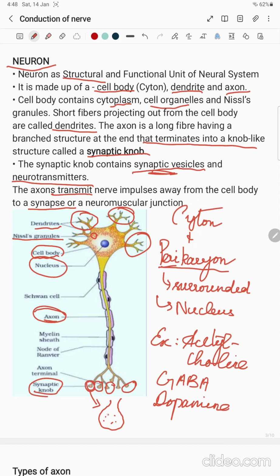Inside the synaptic knob there will be neurotransmitters. That is what they have mentioned here: the axons transmit nerve impulses away from the cell body to a synapse or a neuromuscular junction.